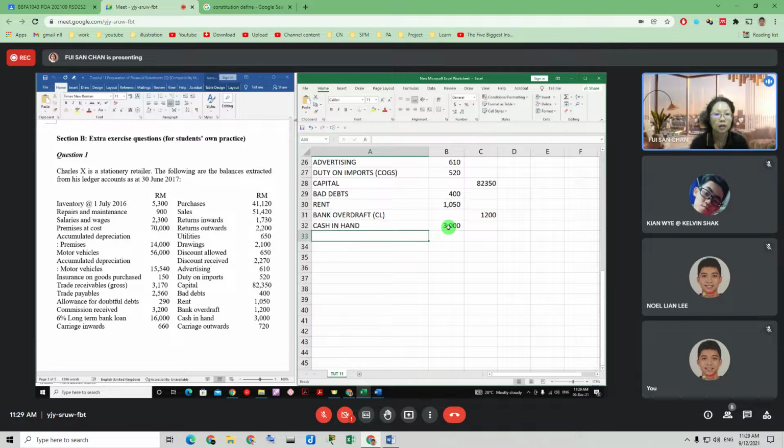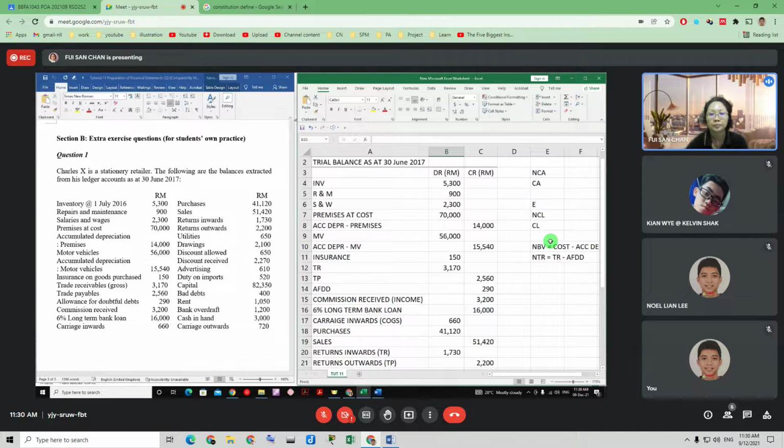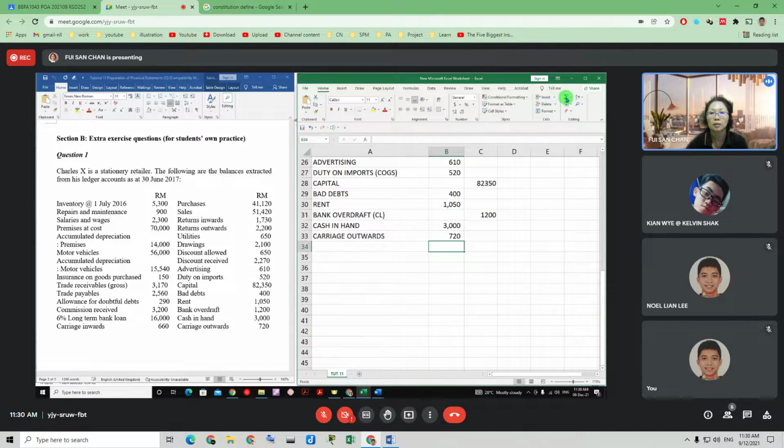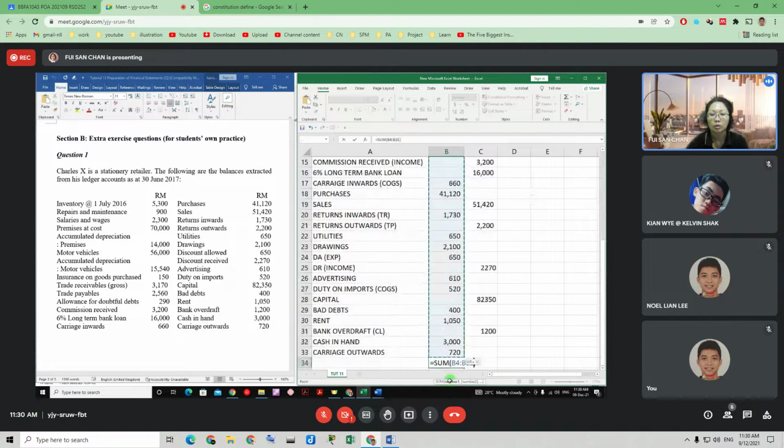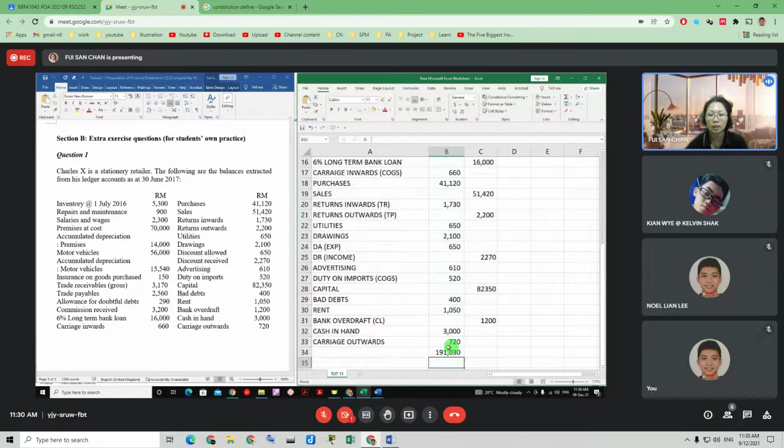How about carriage outward? Debit. Carriage outward is also an expense, right? But this one is under your SOPL, where we give free delivery to our customer. So 720 here. Now let's see, is it balanced or not? You total one side and the other side you just copy.